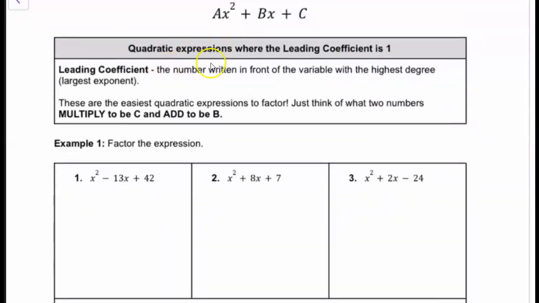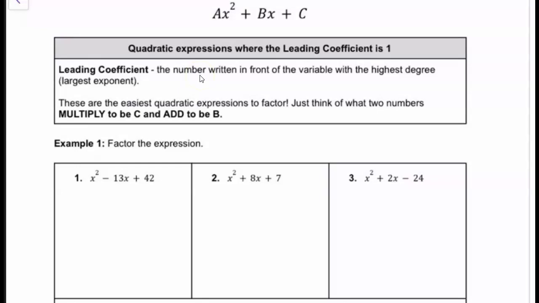So first off, quadratic expressions where the leading coefficient is 1 are our easiest cases. These we do not have to do many steps, we just go straight to our answers, more or less. Now, a leading coefficient is the number written in front of the variable with the highest degree. So for example, our x has the largest exponent of 2.